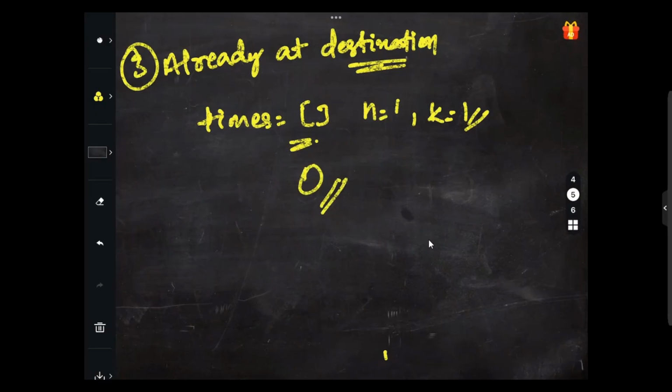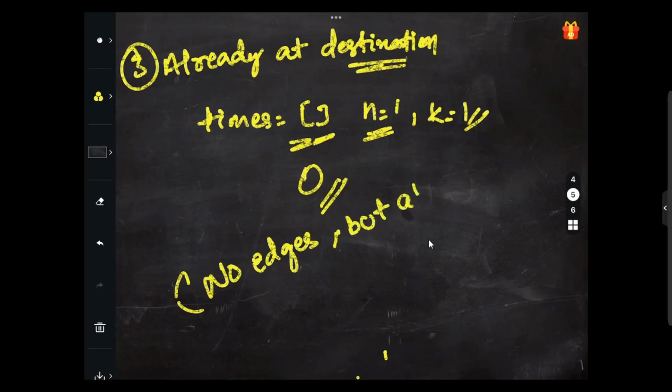We don't have any edge at all here, but all the nodes are reached because we are starting from 1. Node is also 1 and times is empty. So no edges are found but all the nodes are reached.